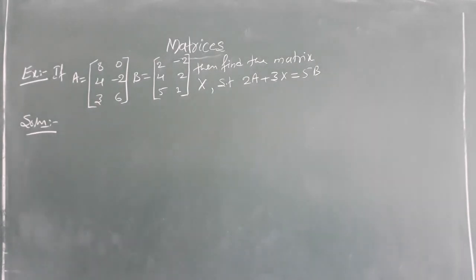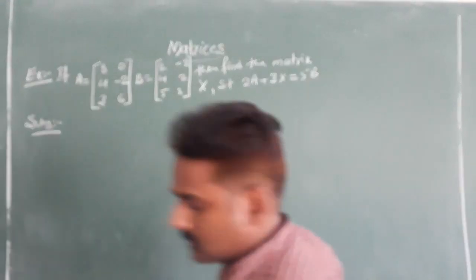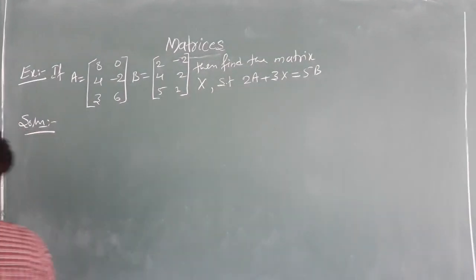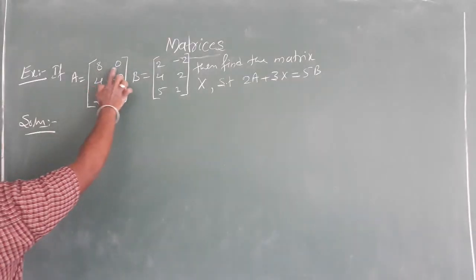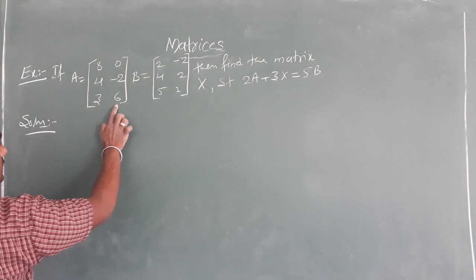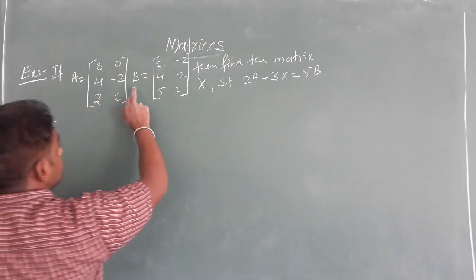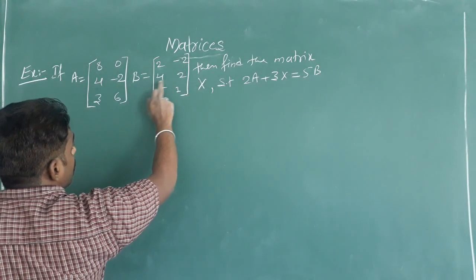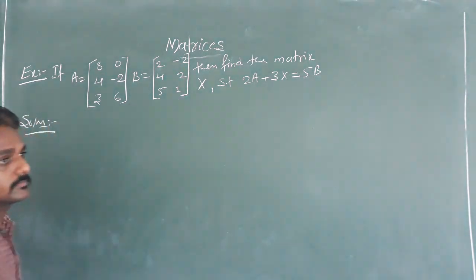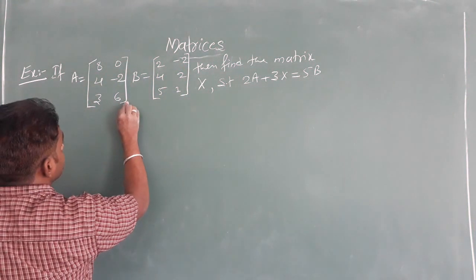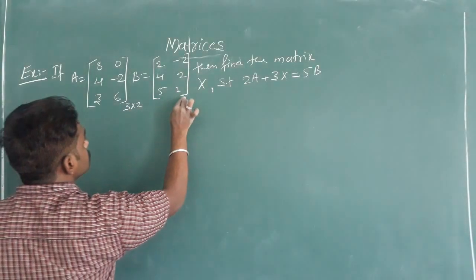Okay, see the question, students. If A equals the matrix 8 0 4 minus 2 3 6 and B is the matrix 2 minus 2 4 2 5 1, each of the matrices of the order 3 cross 2.